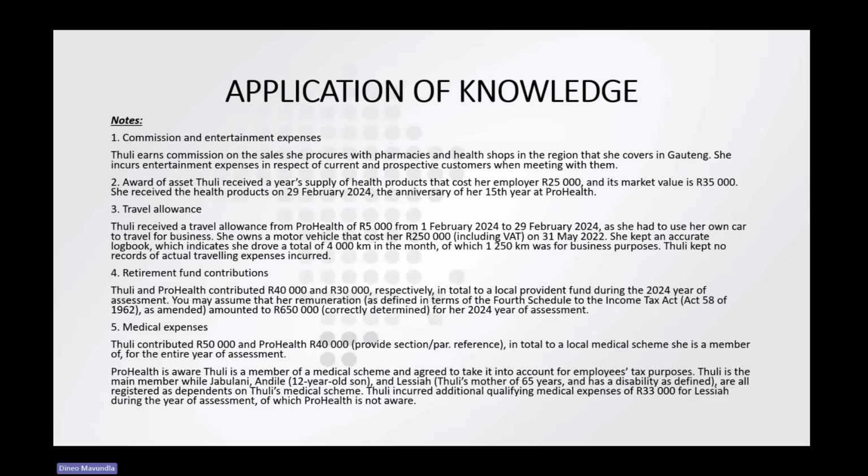She owns a motor vehicle that cost her 250,000 Rand, including VAT, on the 31st of May 2022. She kept an accurate logbook, which indicates she drove a total of 4,000 kilometers in the month, of which 1,250 kilometers was for business purposes. Tuli kept no records of actual traveling expenses incurred.